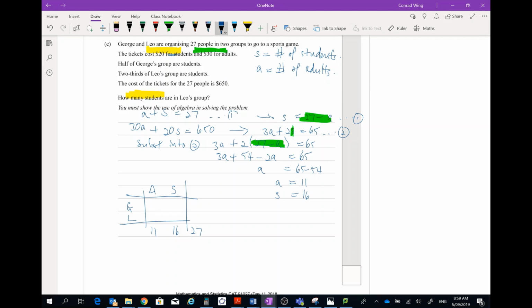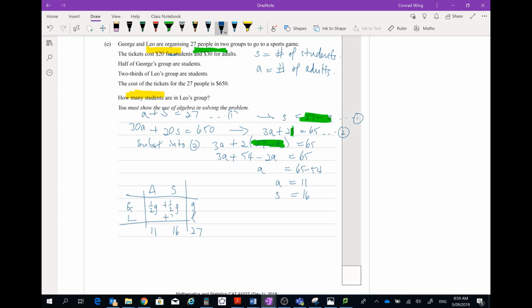Okay, so let's say George has G people altogether, and Leo has L. Then I know that half of George's are adults, and half of them are students. Whereas in Leo's group, 2/3 are students.